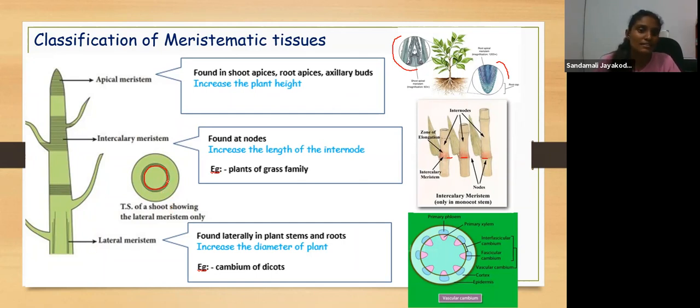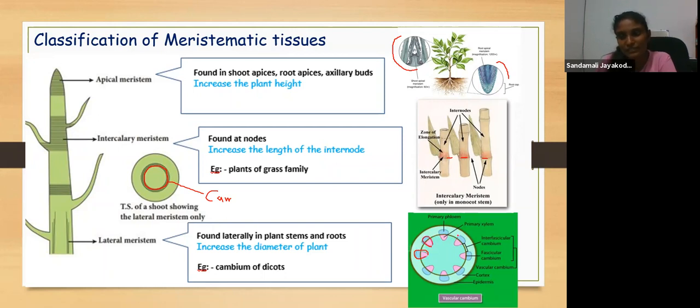In a root, this tissue is named cambium, which is mentioned here. We can see in this diagram there's a circle connecting all the vascular bundles in this image. These parts are vascular bundles.